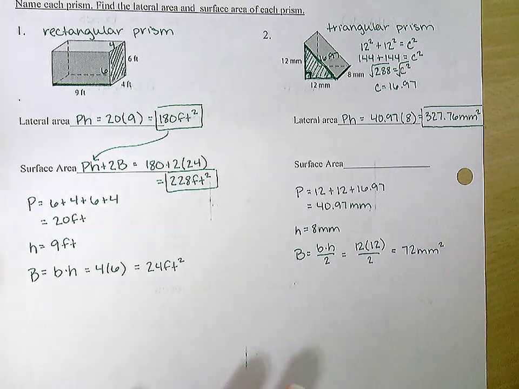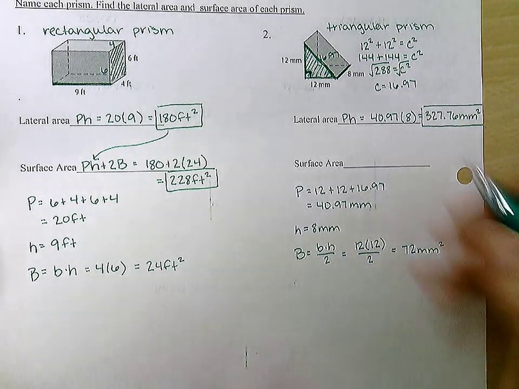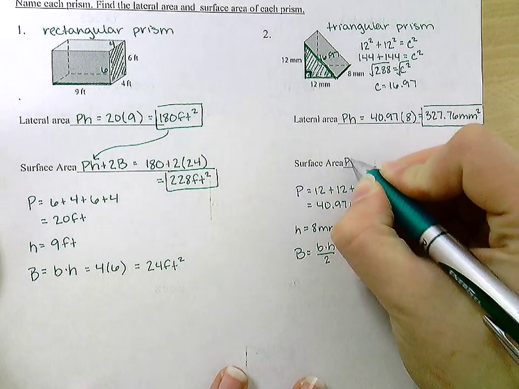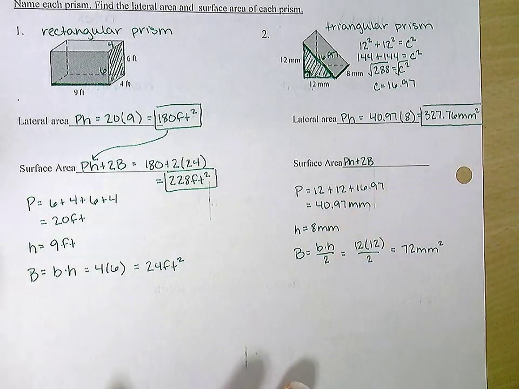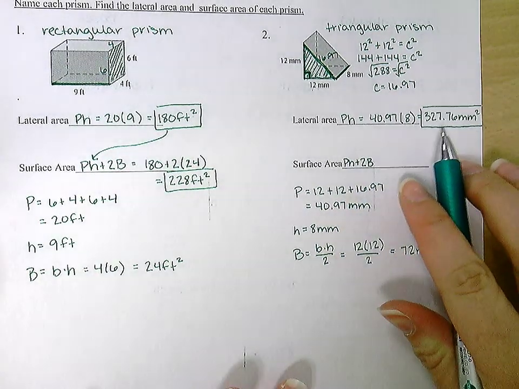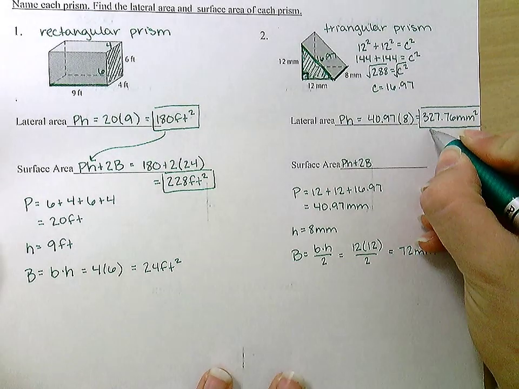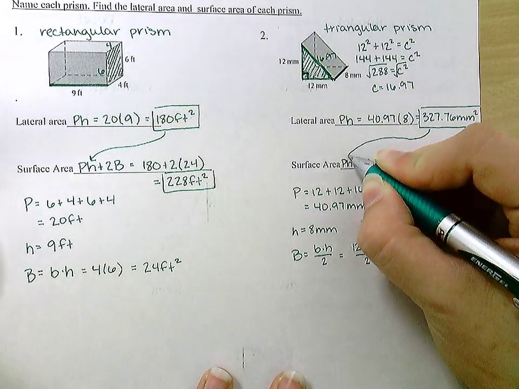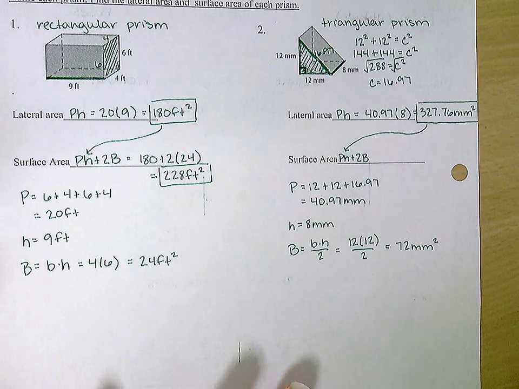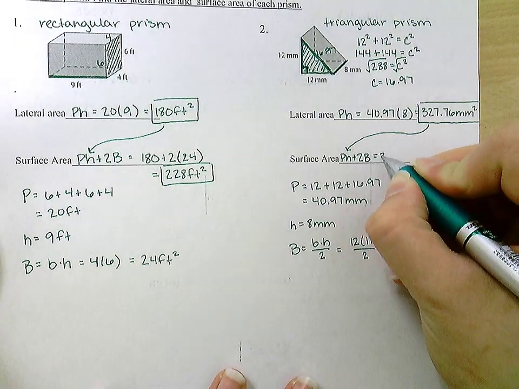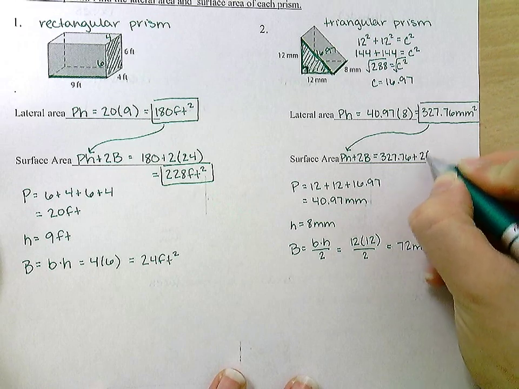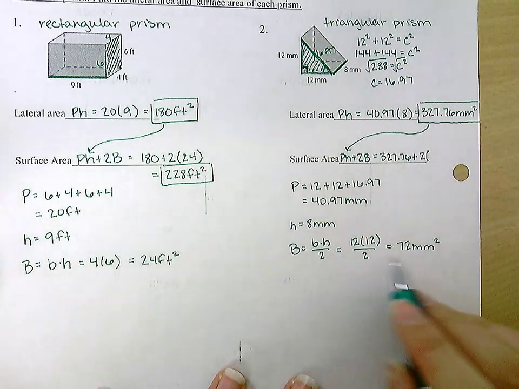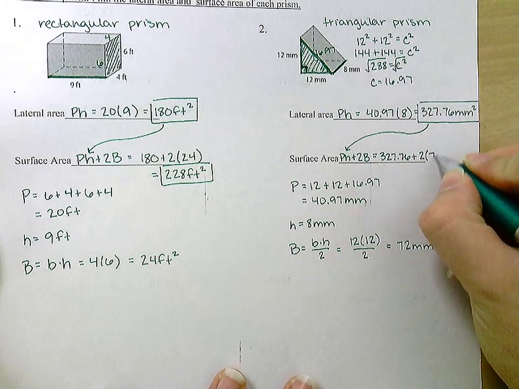Then finding the surface area. Again, our formula for surface area is P times H plus 2B. And I already found P times H, so I can plug in that 327.76 for PH, and add on 2 times the area of the base, which we found to be 72.